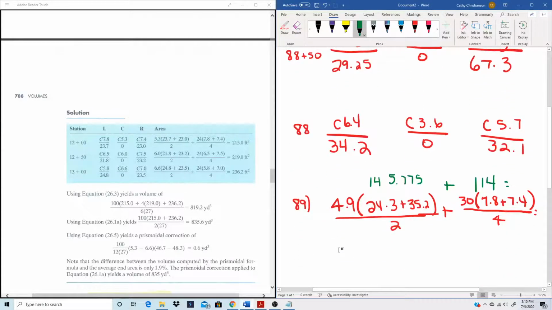So it should be for 89, 49 in the center, 24.3, 35.2 divided by 2 plus 30.